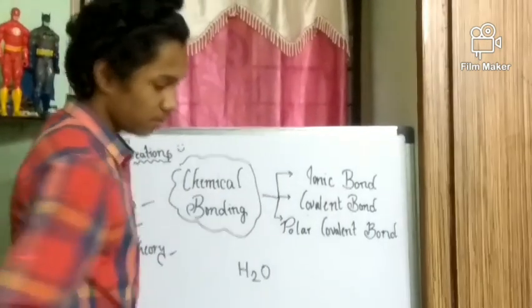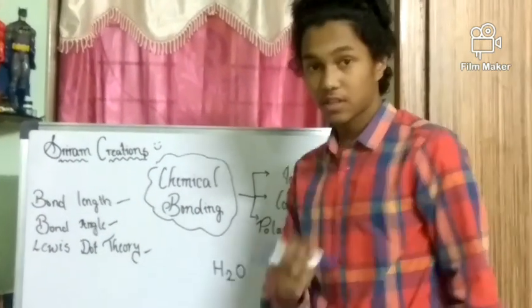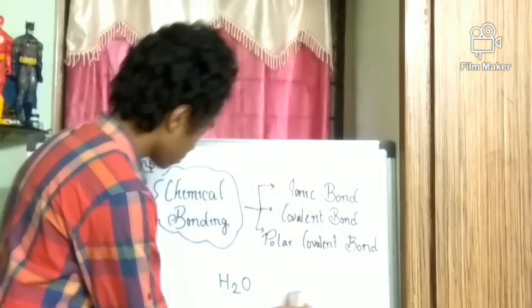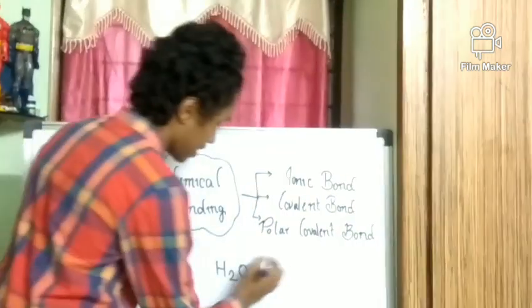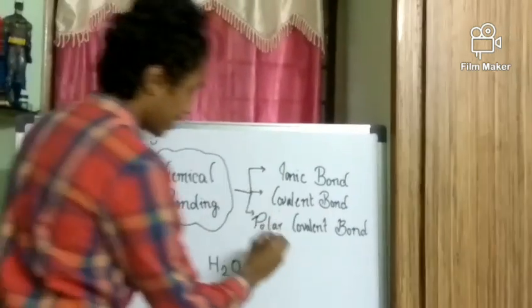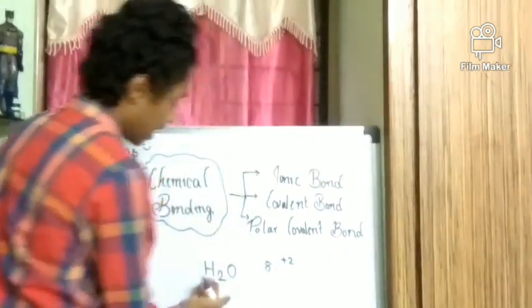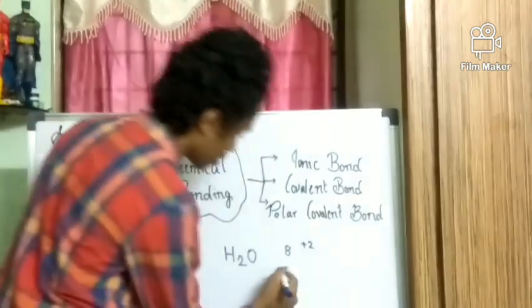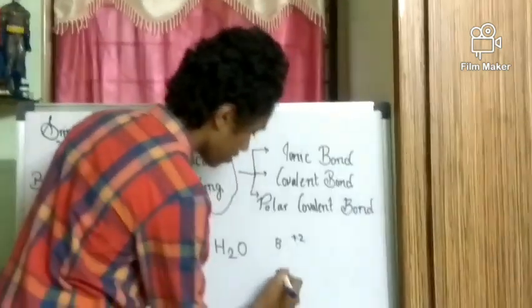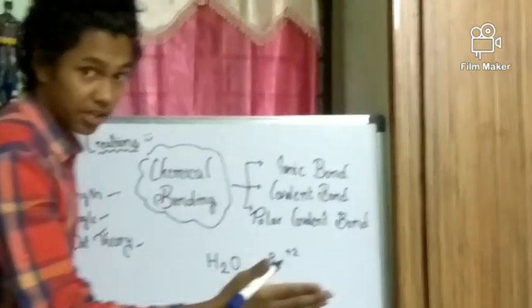So here comes the H2O molecule, and oxygen needs 2 more electrons. Oxygen's configuration is that it has 8 electrons in total, and it needs 2 more electrons to get neon configuration. And hydrogen has 1, and it needs 1 more electron to get helium configuration.